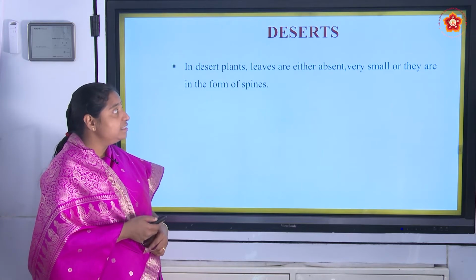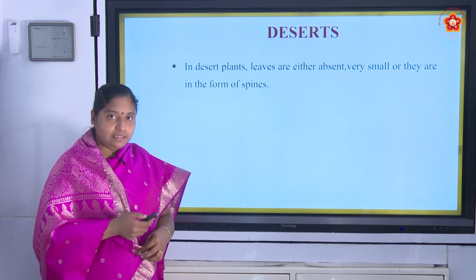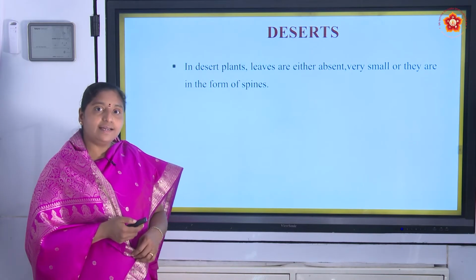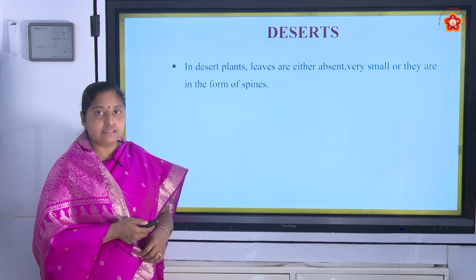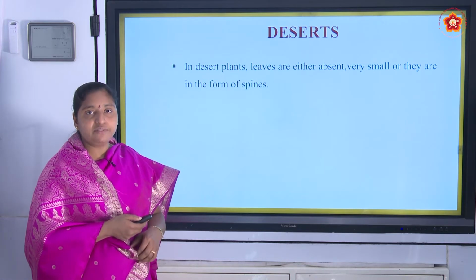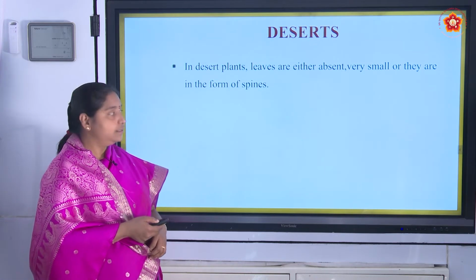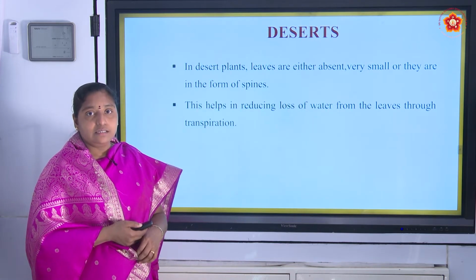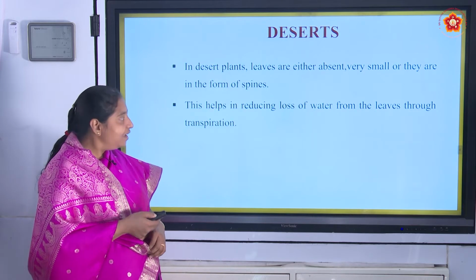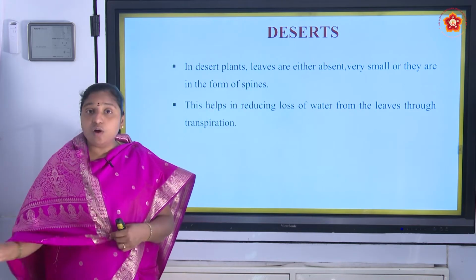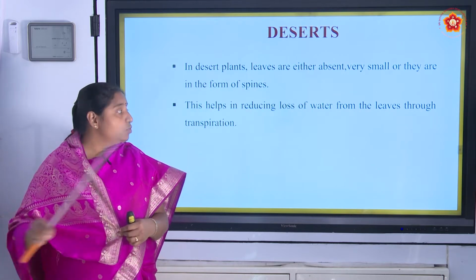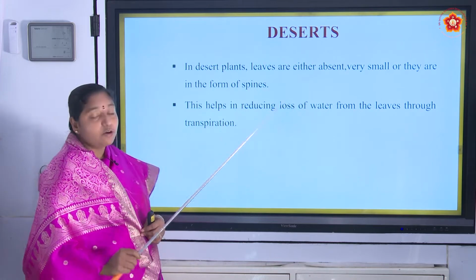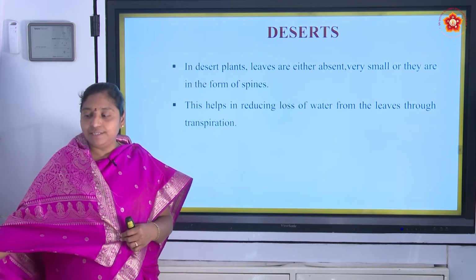In desert plants, leaves are either absent, small, or in the form of spines. These are the adaptations of the desert plants. Why are the leaves reduced in size? Because it helps in reducing loss of water through leaves by the process of transpiration.